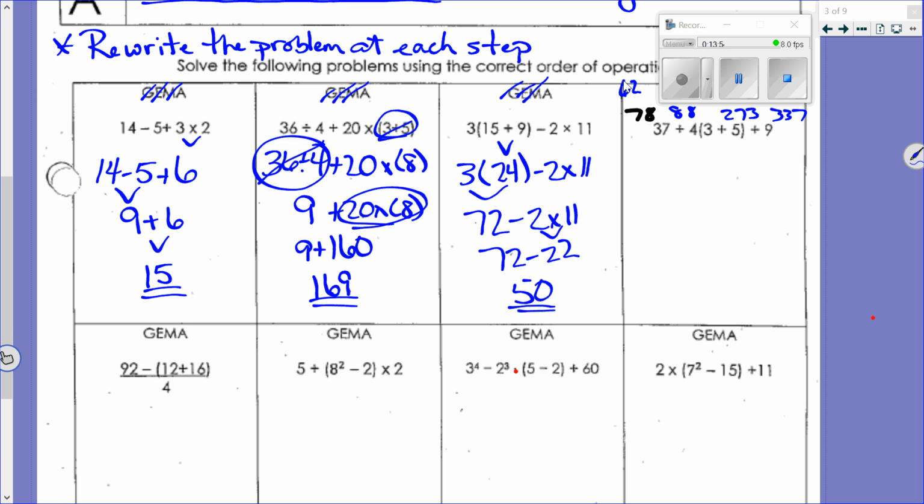Aurora? 48. 48, okay. Cheyenne? 58? Any others? So as you can see, there's a whole lot of different answers to this problem, right?